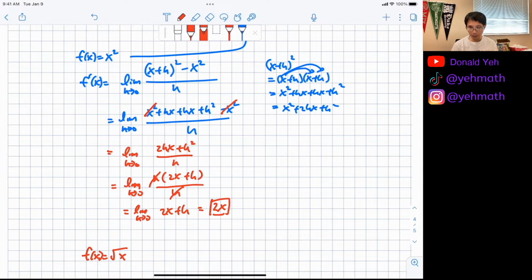So you are taking the derivative of f of x equal to square root of x.